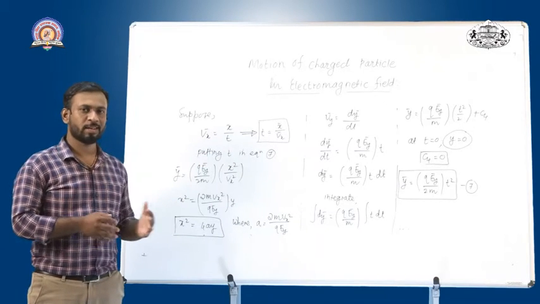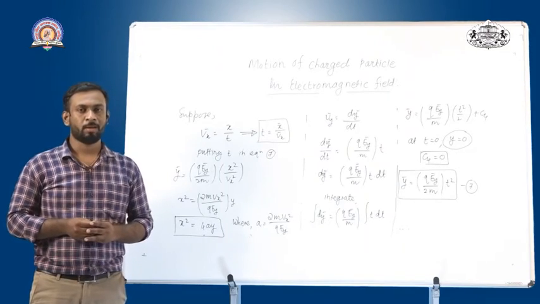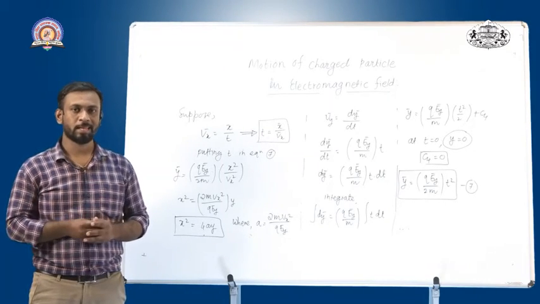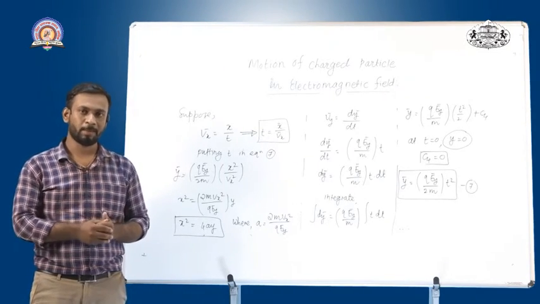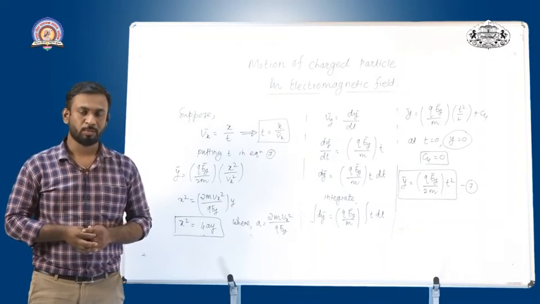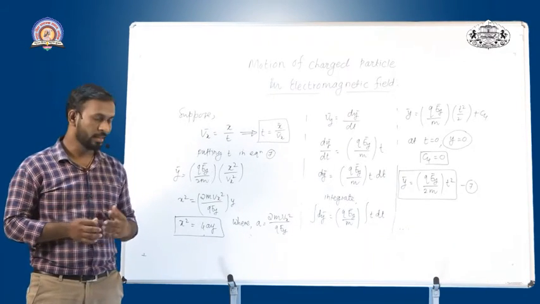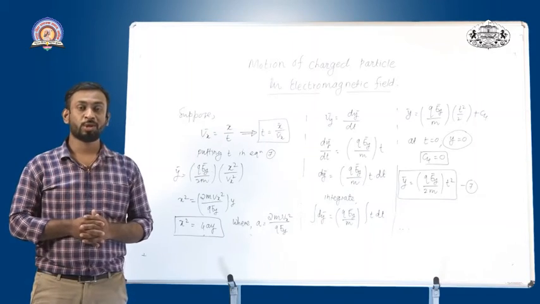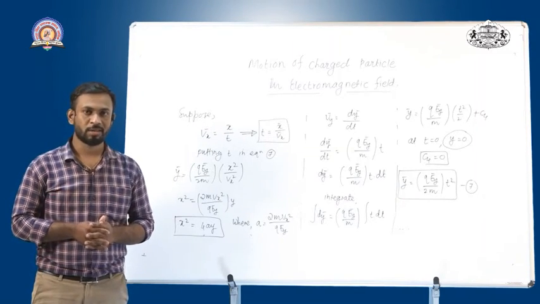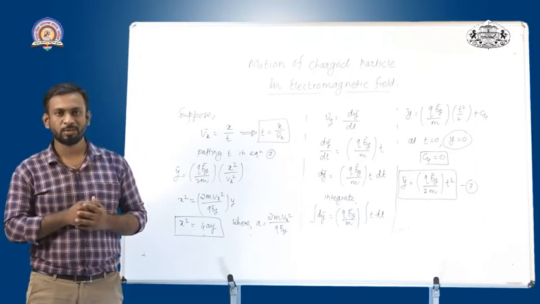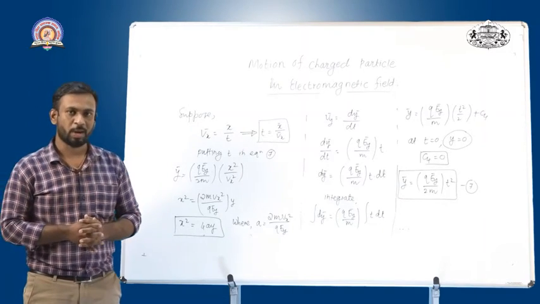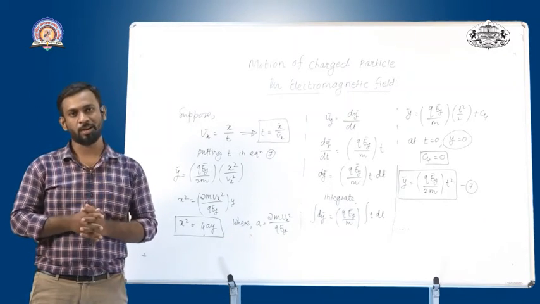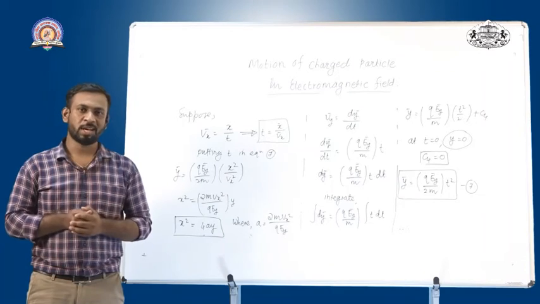In this lecture we discussed the motion of the charged particle affected by the electric field when the field is applied in the direction of motion of the charged particle, and in the end we found the motion is straight line motion with acceleration. There is no change in the path of the charged particle when the electric field is parallel to the direction of motion. In the second section we discussed the electric field perpendicular to the motion of the charged particle.